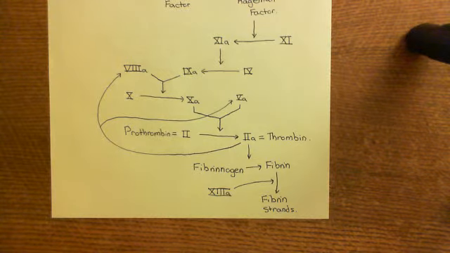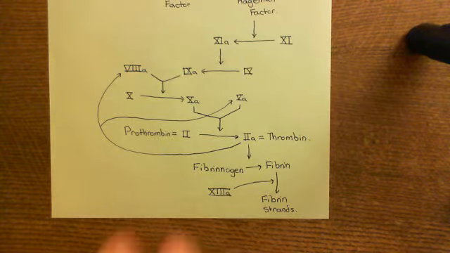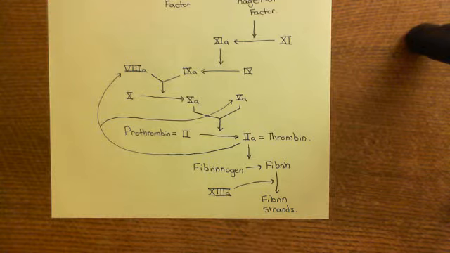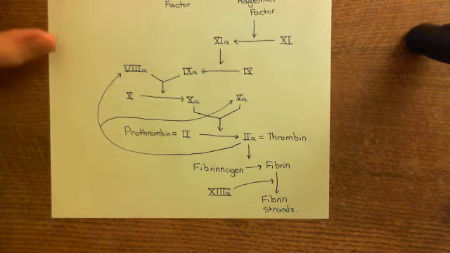So the overall result of this pathway is that exposed collagen leads to the production of fibrin strands, which are going to be intertwined within the platelet mass, strengthen that platelet mass and produce a secondary hemostatic plug. Now there is another pathway for activating coagulation known as the extrinsic coagulation pathway.